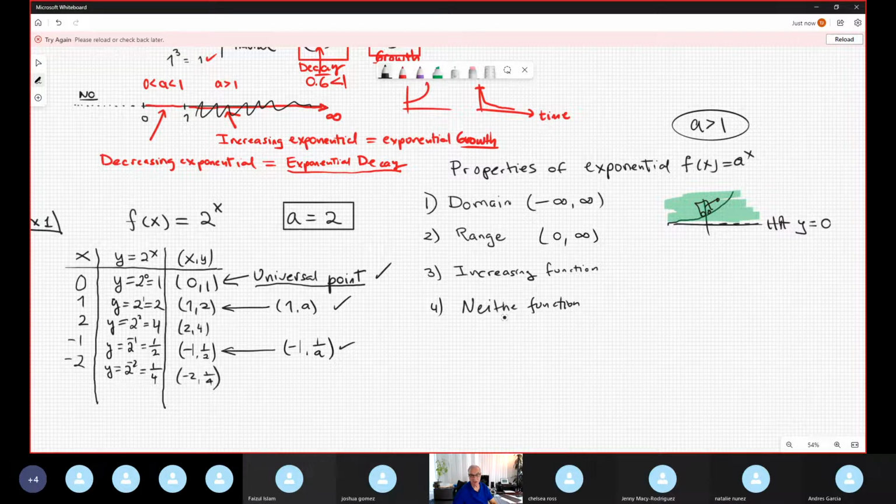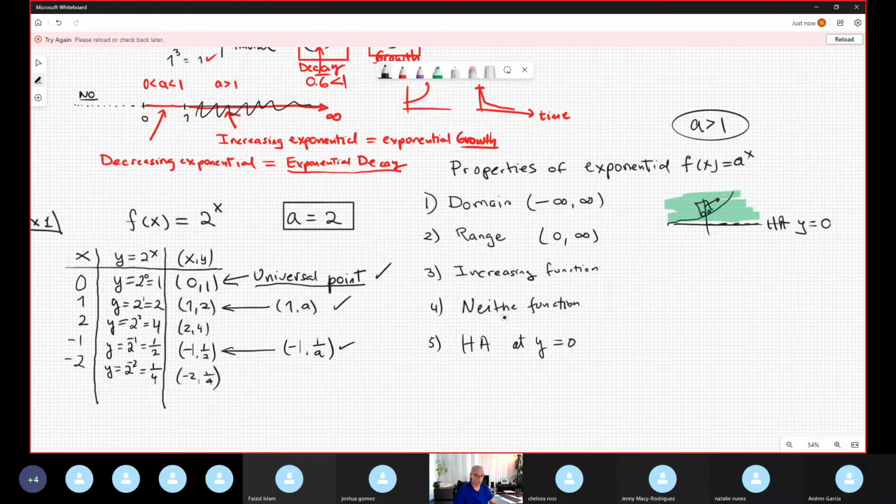Number 5, we always have a horizontal asymptote, y equals 0 in this example because we have no transformation. It's the basic exponential. After, I want to discuss some examples with transformations, and you will see that it is not necessarily always zero, but in this case, zero.